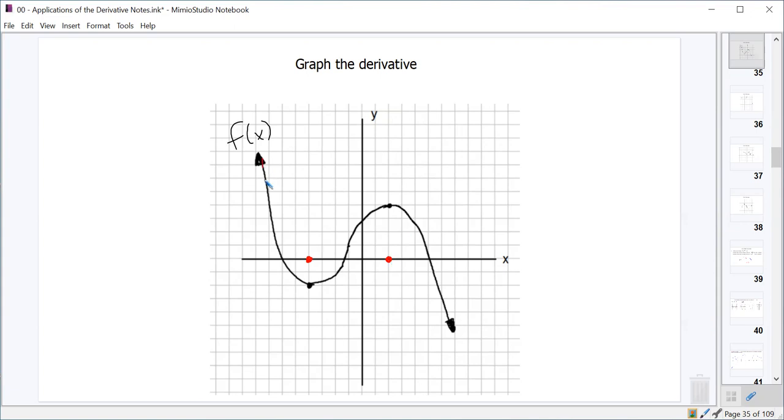Our function starts off decreasing, which means our derivative needs to start out negative. And if we just went over here to maybe around, let's say this point, it looks like that slope is maybe -4, -5. So we'll throw a point down there at around -4 or -5.